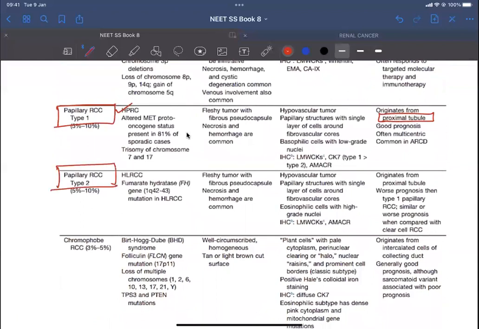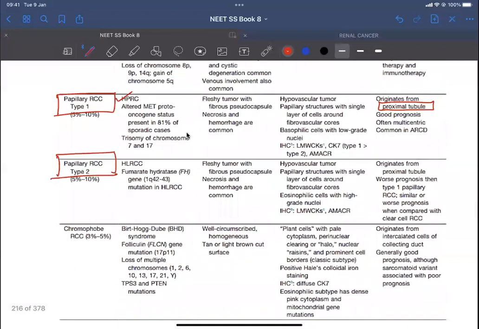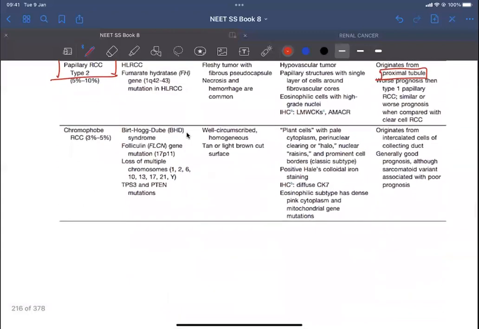Type 2 RCC, hereditary leiomyomatosis and renal cell carcinoma syndrome, and that arises from proximal tubule as well. Chromophobe RCC, associated with Birt-Hogg-Dubé syndrome, and it arises from the intercalated cells of the collecting duct.